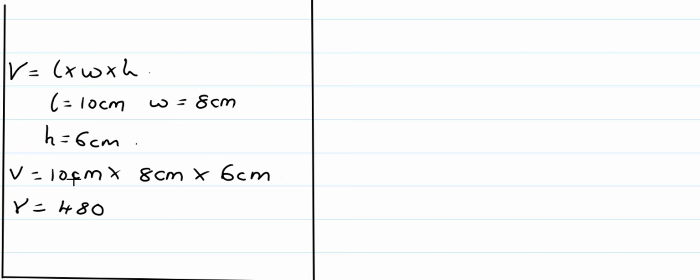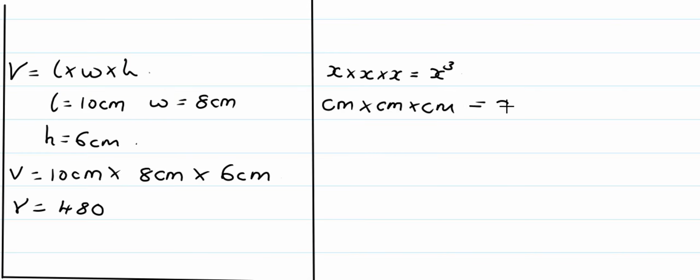So we need to also multiply them. If I take, for example, x, I multiply with another x, then I multiply with another x, it will be x cubed. The same case here, if I take centimeters, I multiply with another centimeters, and I multiply with another centimeters, like that, 1, 2, 3, it will be centimeter cubed.